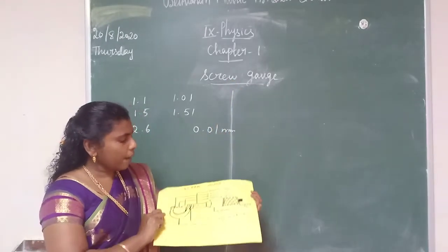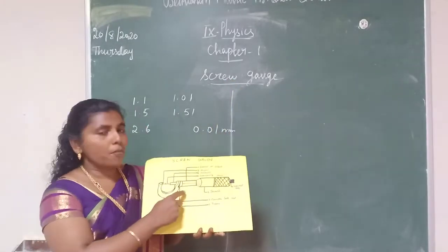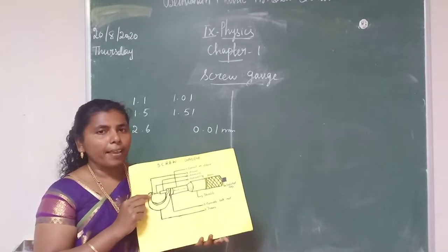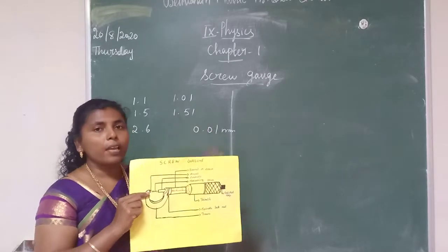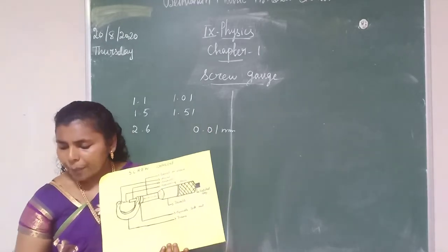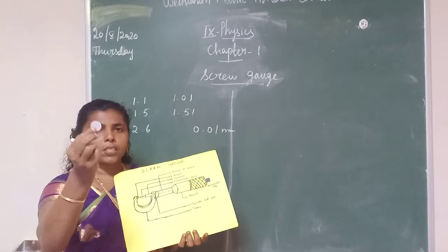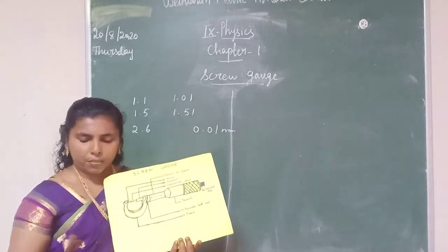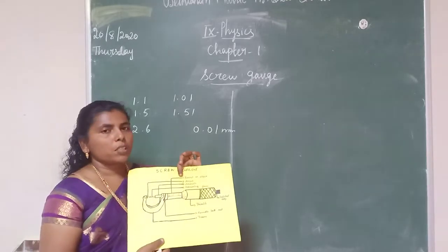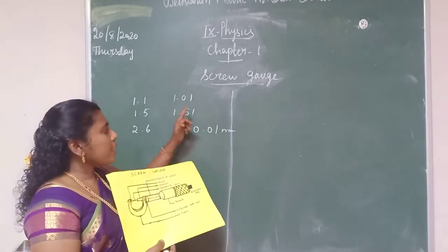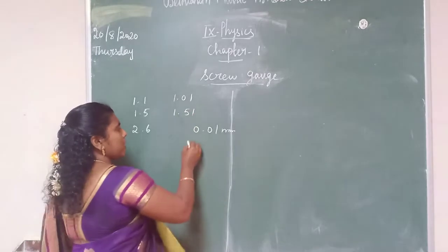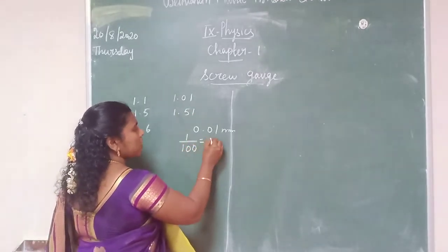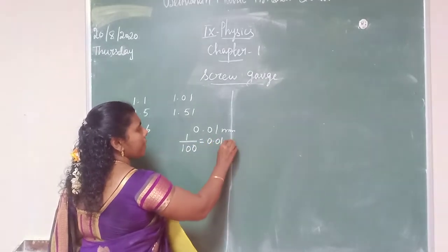Now listen here, there is the diagram of the screw gauge. By using the screw gauge we can find the thickness of a thin wire, the diameter of a 1 rupee coin or any coin, or thin metal plates. So what is the least count of the screw gauge? That is 1 divided by 100, a very small measurement, 0.01 millimeter.